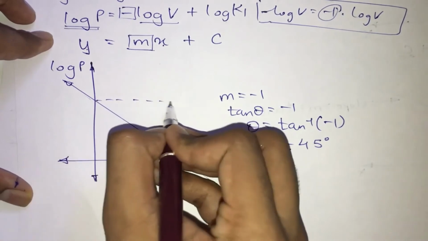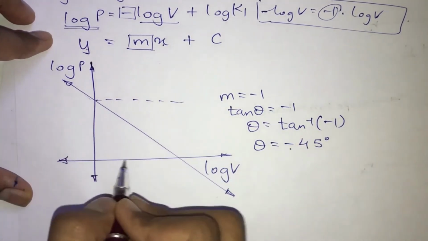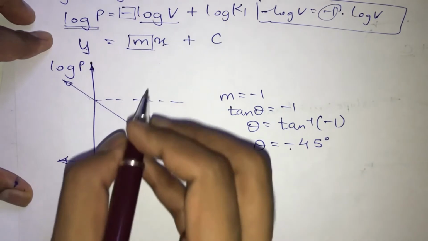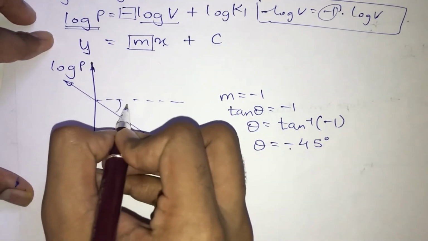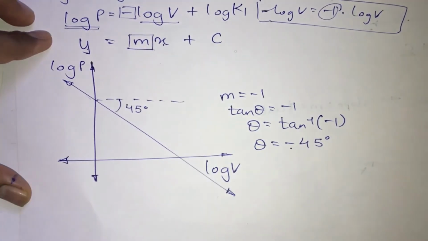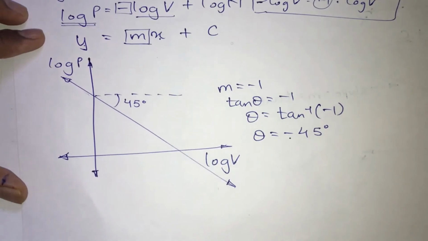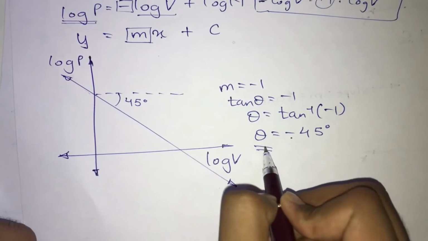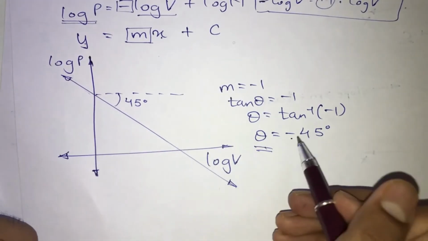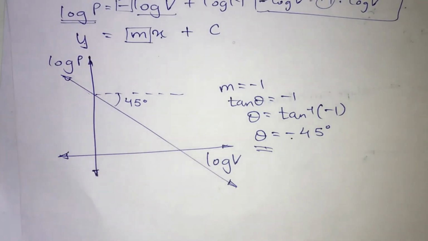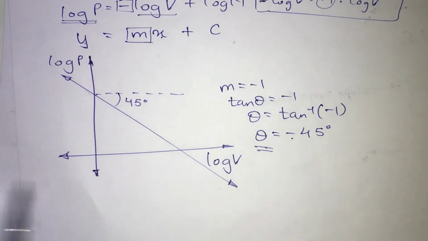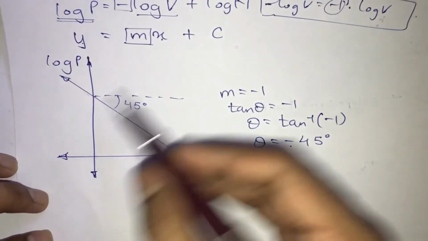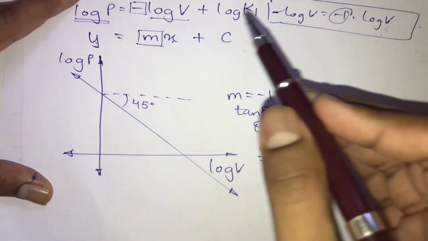See, we are going to draw a horizontal line which is parallel to the x-axis, which is our log v, and this angle is the 45 degree angle. So I hope this thing is pretty much clear for you all, the concept of theta. So since theta is negative, therefore our line is going to be downwards. If the theta would have been positive, it is obvious that our line would have been upwards.